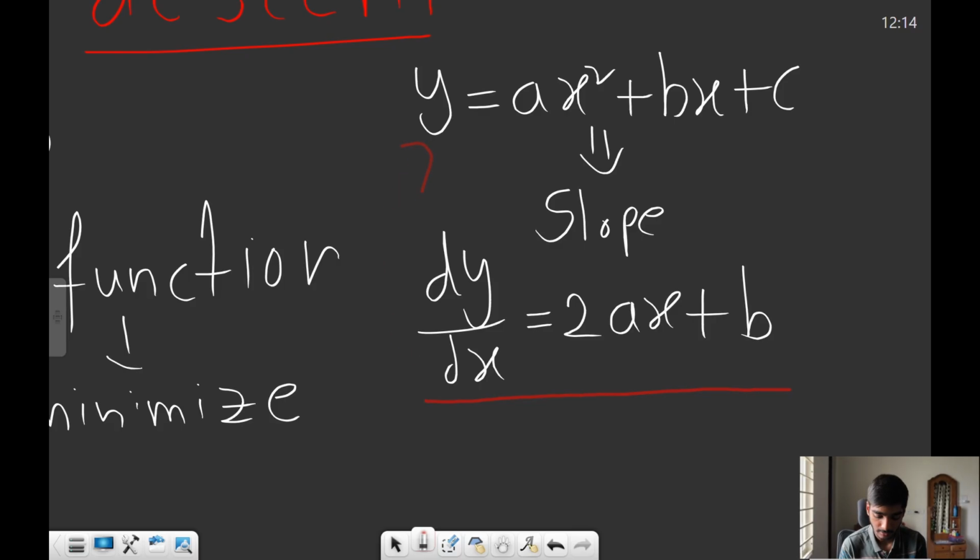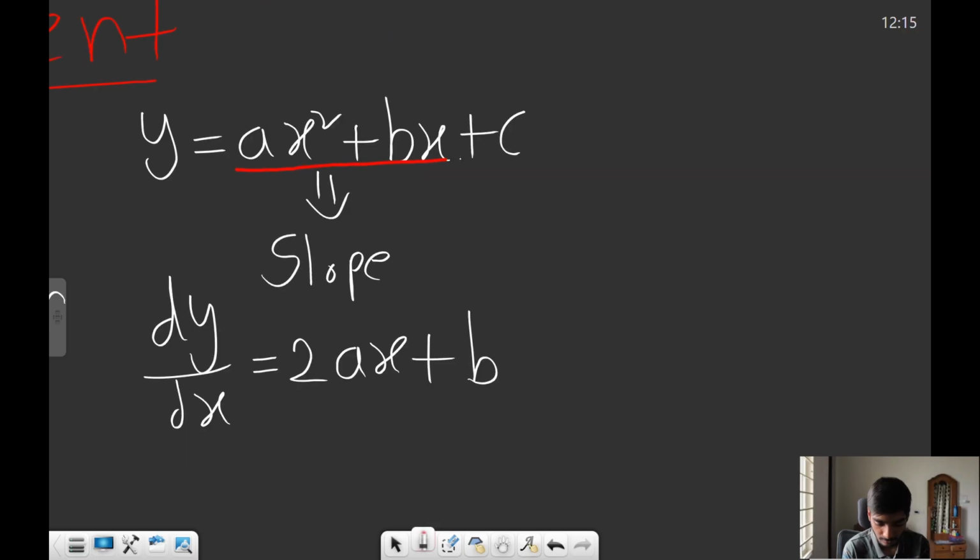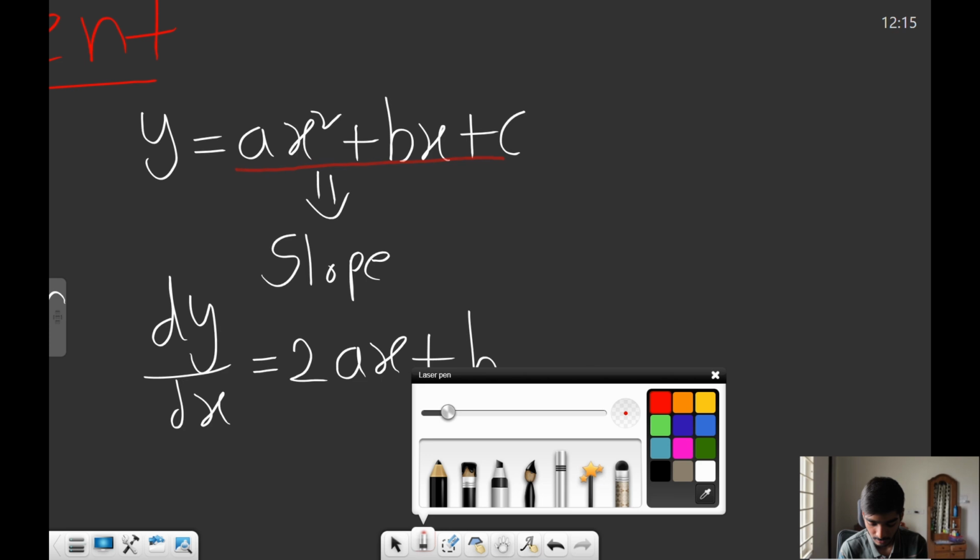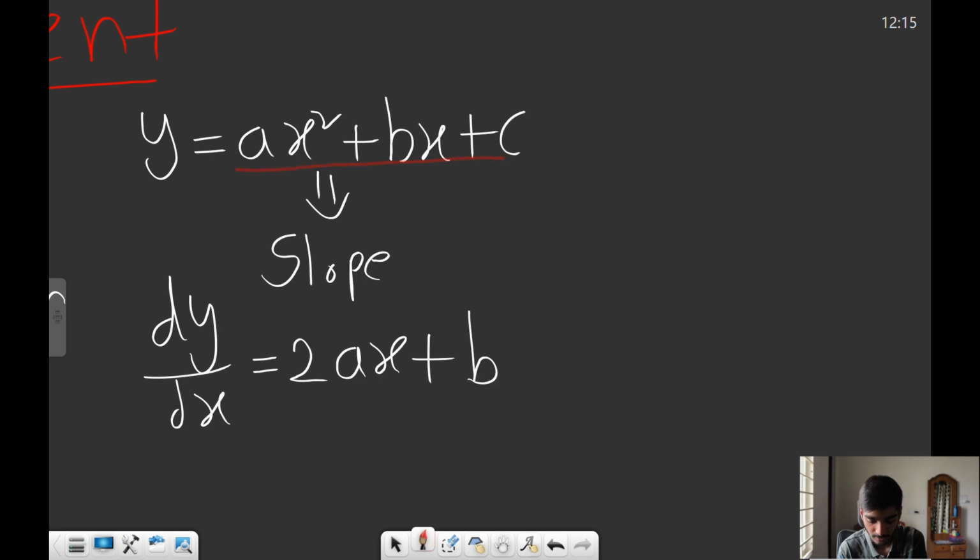What this slope actually tells us is this: let's say the graph of this function is U-shaped, looking something like this, and you are currently here for the chosen values of a, b and c.